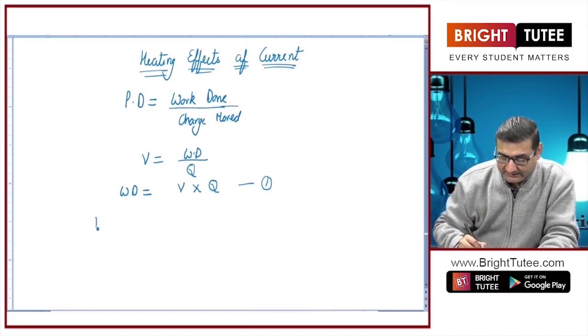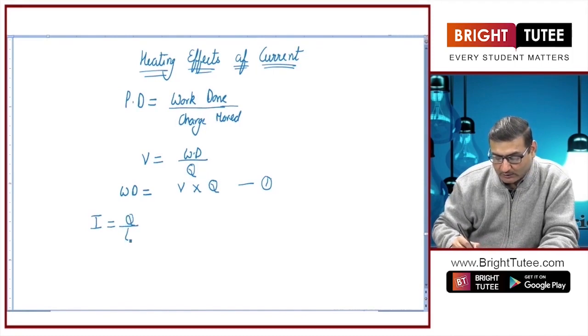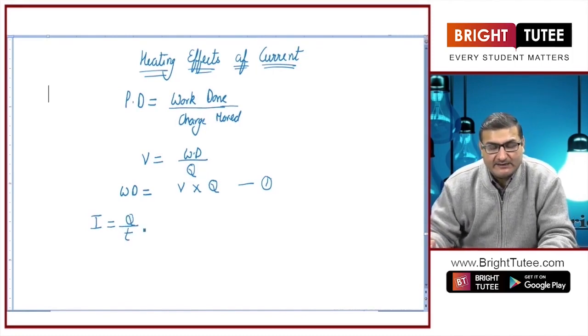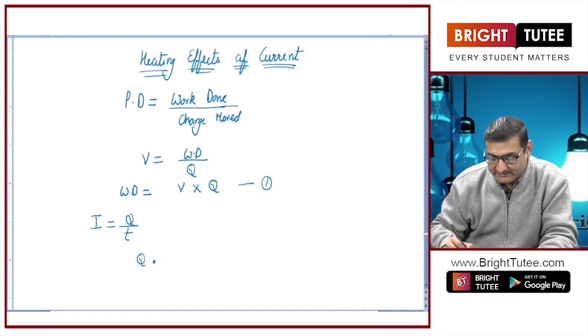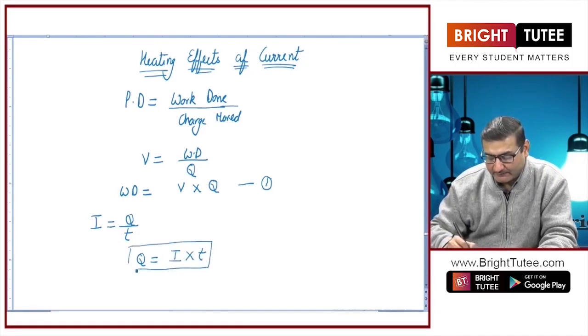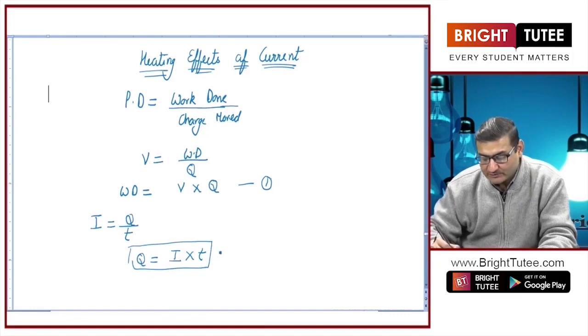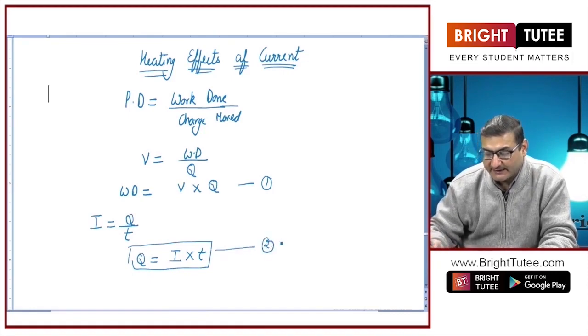Next, I know that current I is equal to Q upon T. This is the formula that we have studied about current. From here, Q is equal to I multiplied by T. This is my second equation.